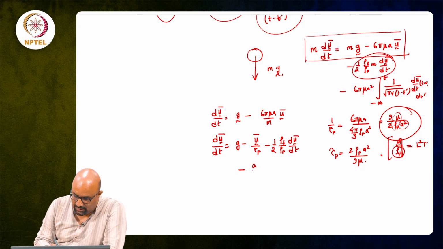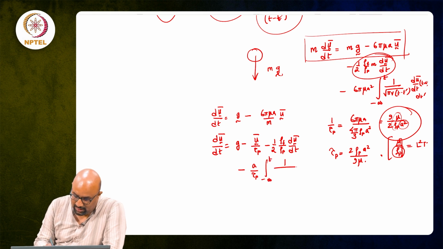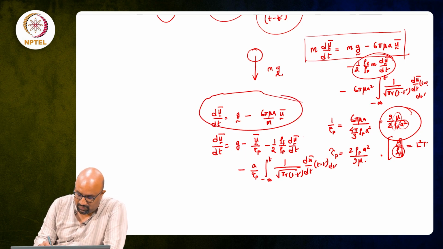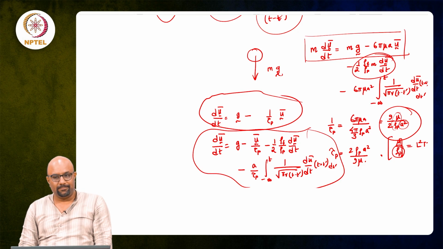So, this becomes a by tau p into the integral from minus infinity to t of 1 by square root pi nu t minus t prime, du dt at t equals t prime, dt prime. So, this is the equation without history and added mass, and this is the equation with history and added mass.